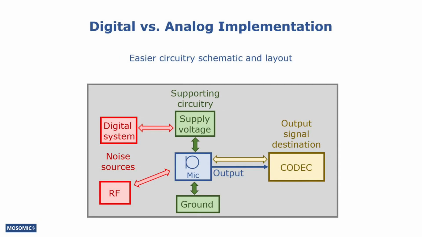The rules are looser for digital microphones than for analog microphones when it comes to the layout of the circuitry and the components on the circuit board, the placement of microphones in the three-dimensional space inside the device in relation to noise sources and in relation to supporting circuitry such as power supply and ground. The rules are looser also when it comes to the distance to the system that receives the microphone output signal.